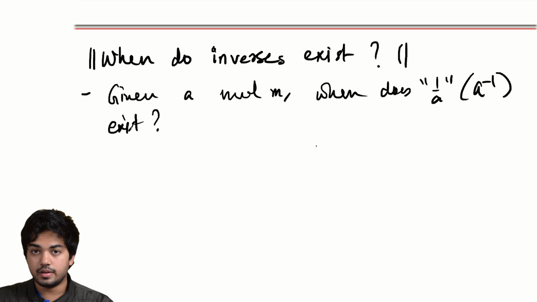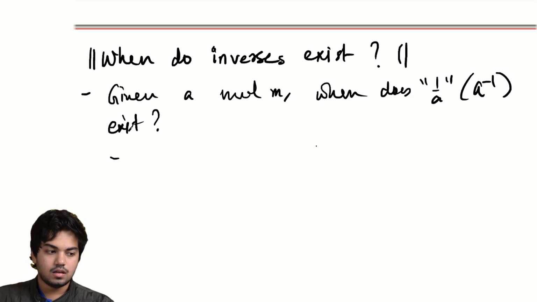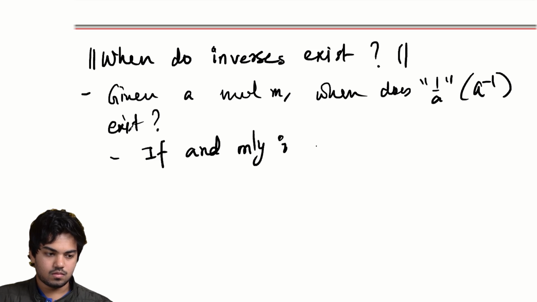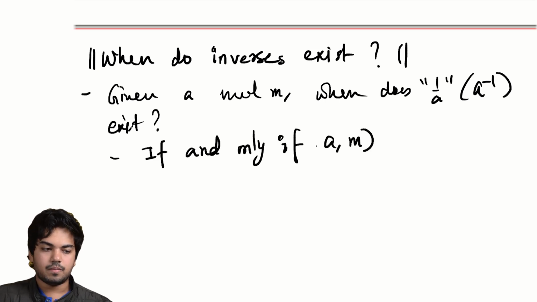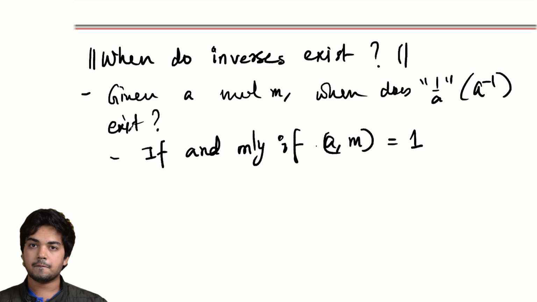And the answer, as you may have come to expect by now, is if and only if a and m are coprime, right? You can find the 1 by of any number as long as it's coprime.